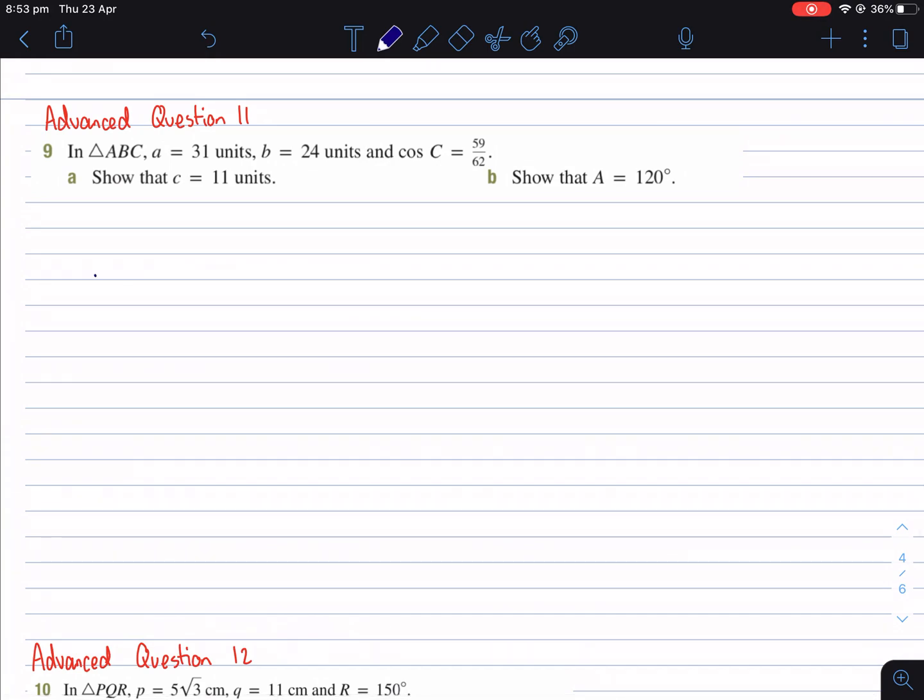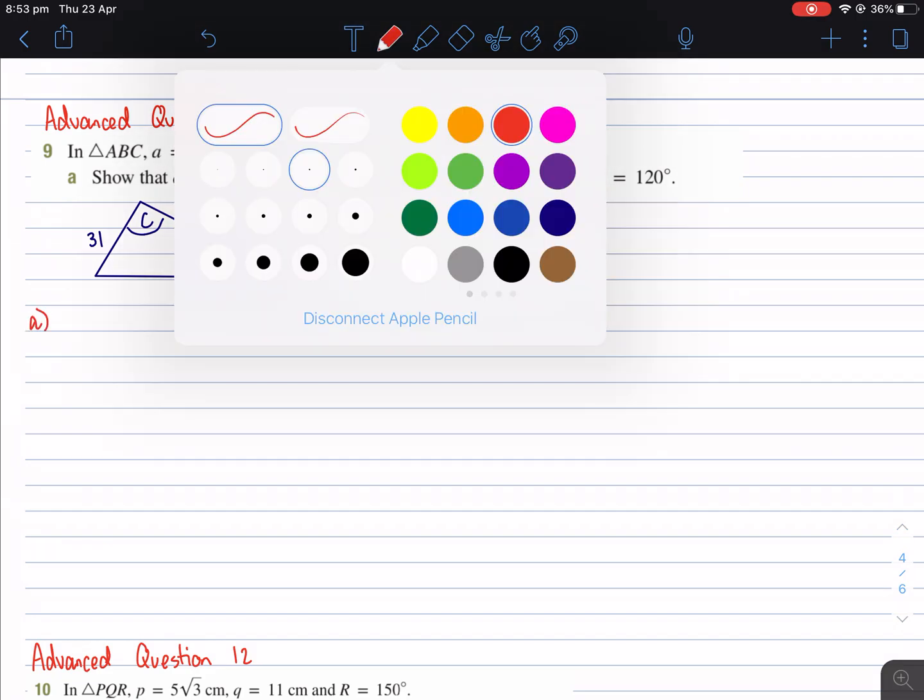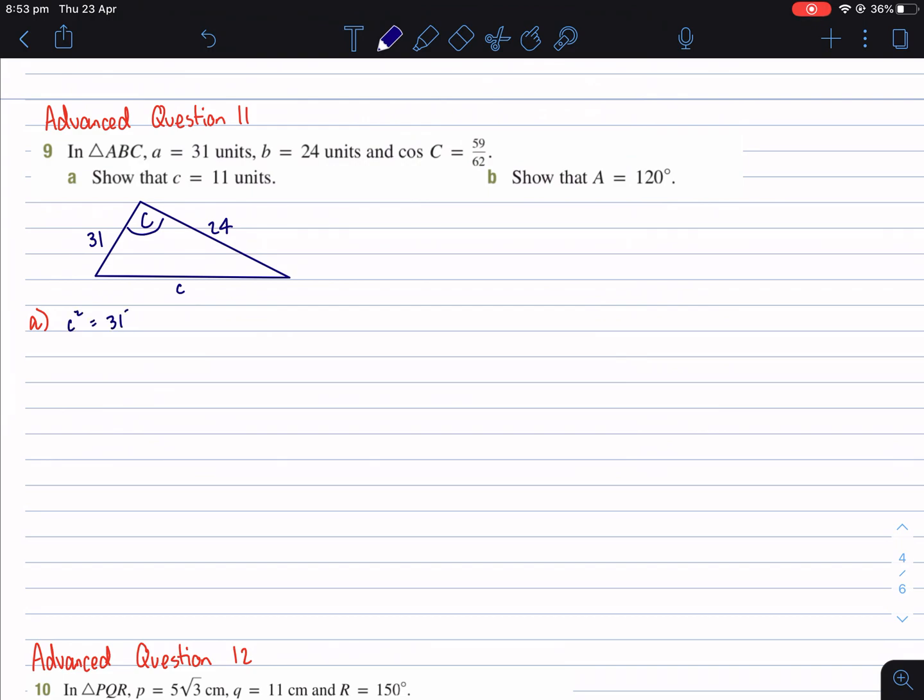All right, next one, similar thing. We need to draw a bit of a diagram. Doesn't have to be a good diagram. So I'm going to make this 31, this 24, and this little c, and because they've told us cos big C. So for A, we know little c squared equals 31 squared plus 24 squared, take 2 times 31 times 24 times cos big C. So c squared equals 31 squared plus 24 squared, take 2 times 31 times 24 times 59 over 62.